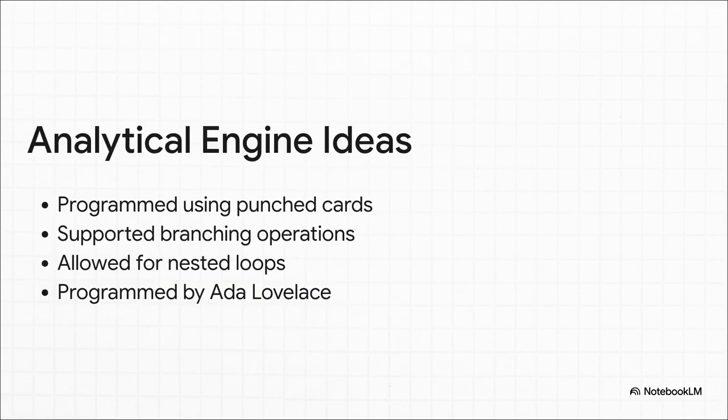And what's just mind-blowing is how modern this all feels. Babbage imagined using punched cards to feed it instructions, giving the machine the power to make decisions, what we call branching, and even to repeat operations in loops. These are the absolute fundamentals of software, and they were first written down by Ada Lovelace, who we now see as, rightly, the world's very first computer programmer.